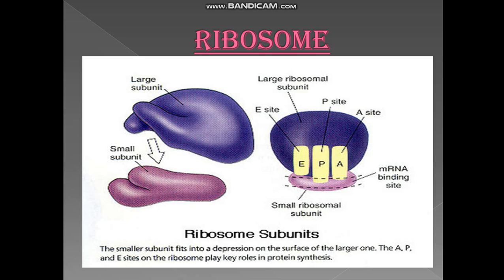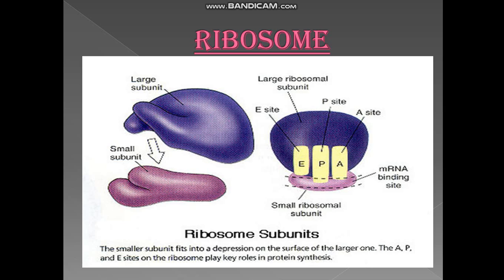You must have played with blocks in childhood, or maybe playing now also, because it's very interesting. It gives a boost to your mental strength. So just like blocks, the small subunit and the large subunit of the ribosome fit into each other and form a bigger block, which we call the complete ribosome.